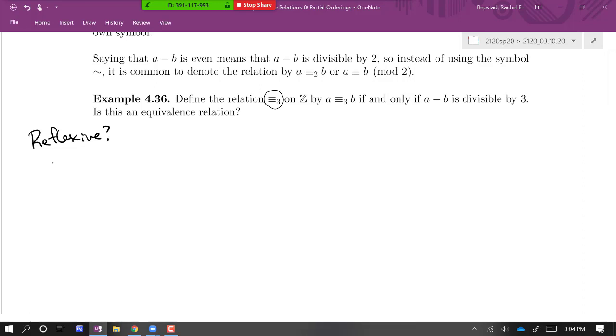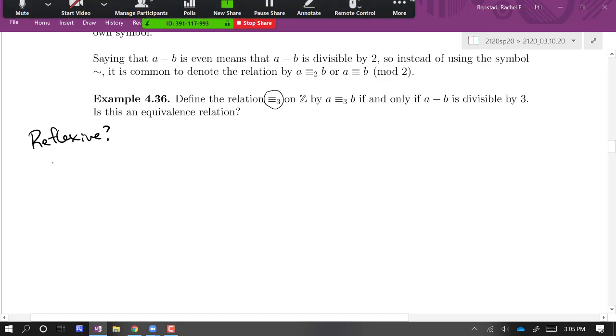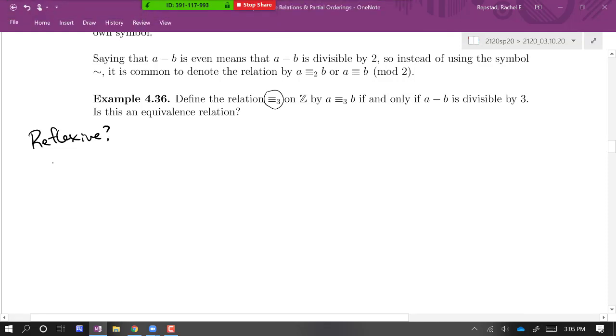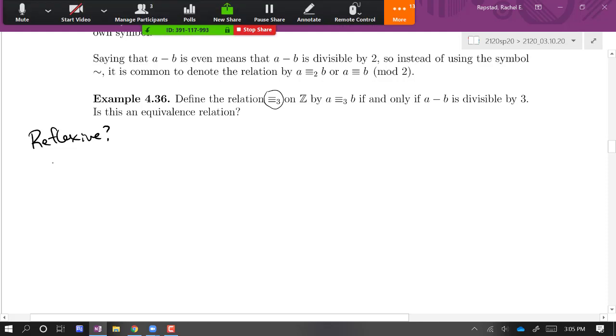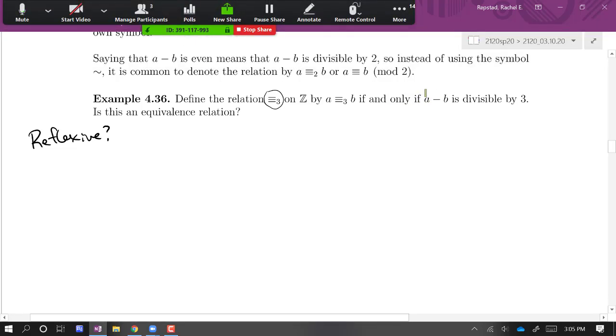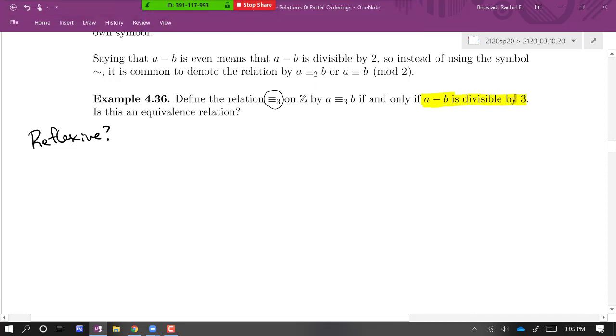What's the question we want to answer when we ask if it's reflexive? What does it mean to be reflexive? Ali says yes, it's reflexive. Why? Ali says because A minus A is 0. Yeah, every time we're working with a relation, we go back to how it's defined. This says A is related to B if A minus B is divisible by 3.